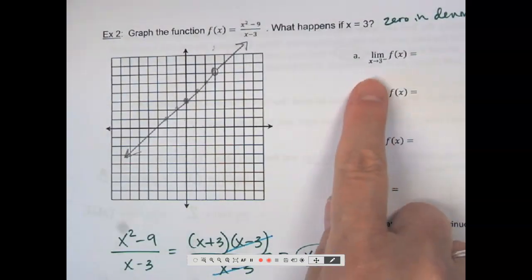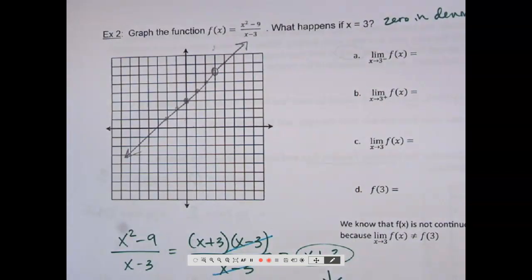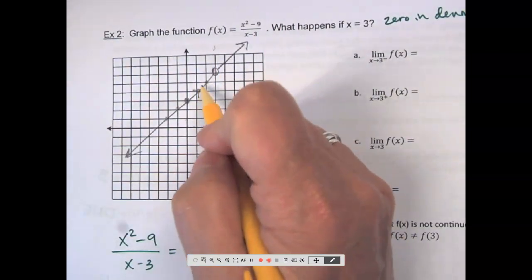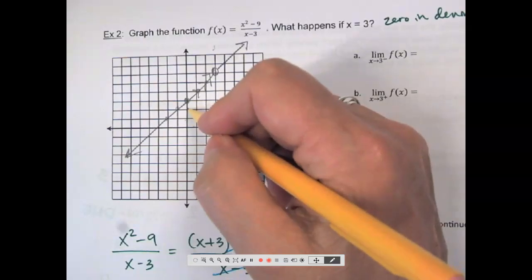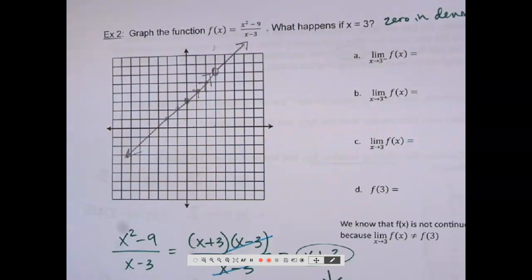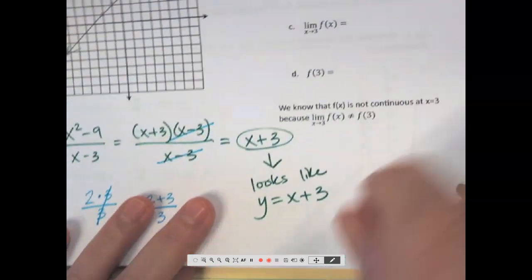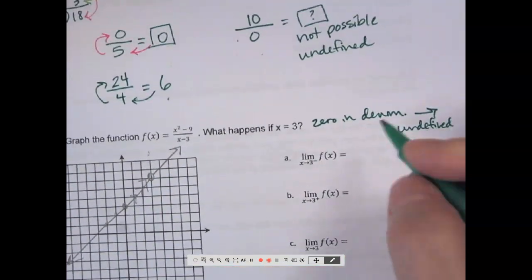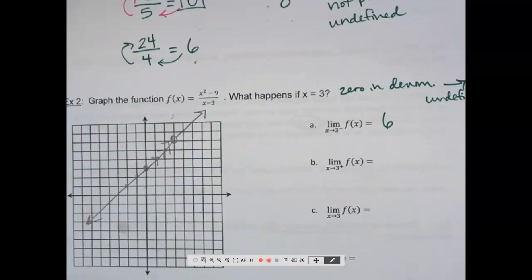What is the limit as x approaches 3 from the left? Approaching 3 from the left. What's the limit? 6. Okay, an algebraic way of finding that answer is we can plug 3 into this. 3 plus 3 gives me 6. Okay, so that limit is 6. In case it was a fraction or something that was hard to evaluate.